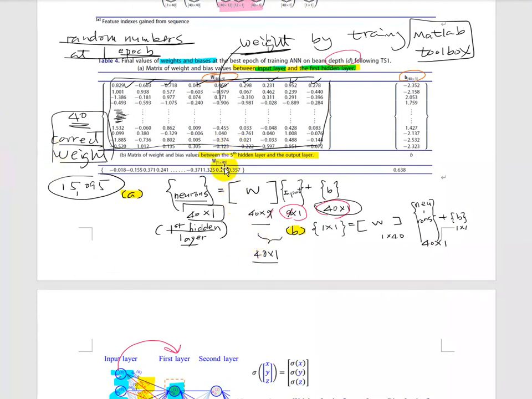I'll show that sometime later. And this is a weight matrix. I'm going to take a look at a bias, one more weight matrix that connects the last hidden layer and the output layer. Okay, last hidden layer and the output layer. How many output layers do we have? We have one output layer, which is D in this case.